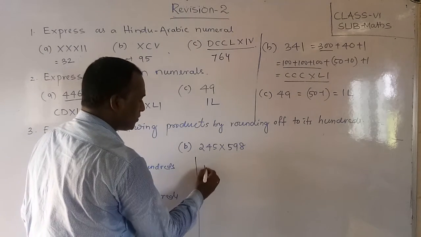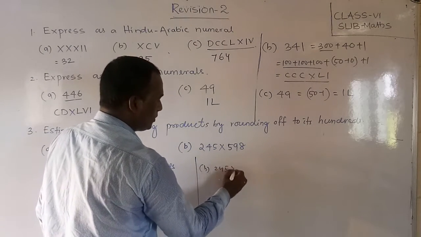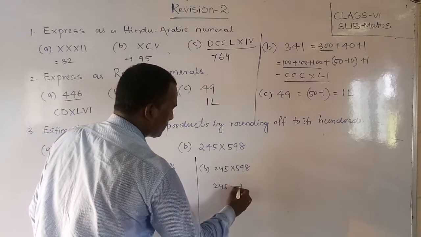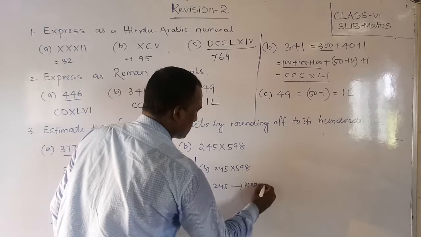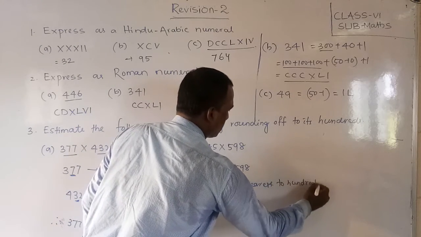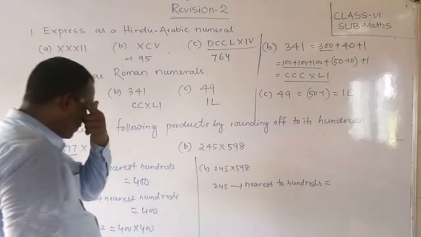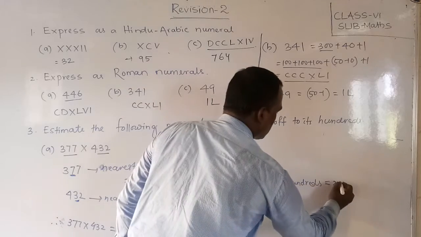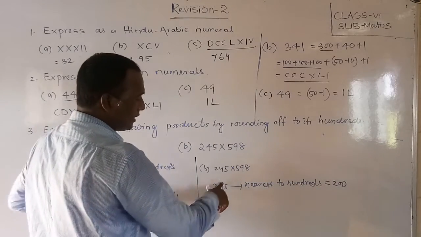Same like, friends, we can do 245 into 598. So 245, nearest 100, is equal to how much, friends? Nearest 100 means check the tens place. The tens place is 4, so no change. That means as usual 2 won't change, and 00.